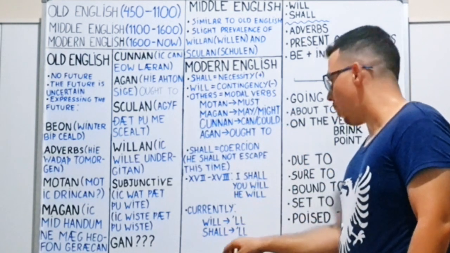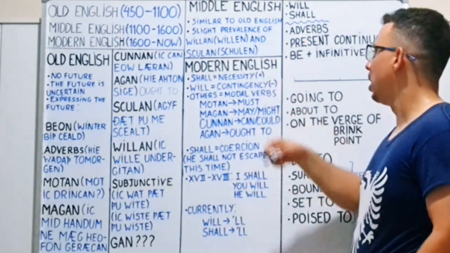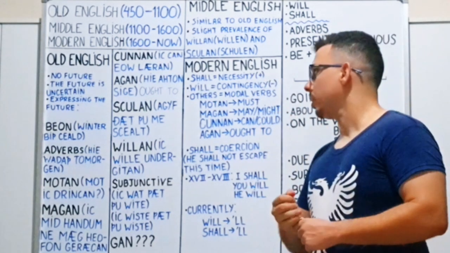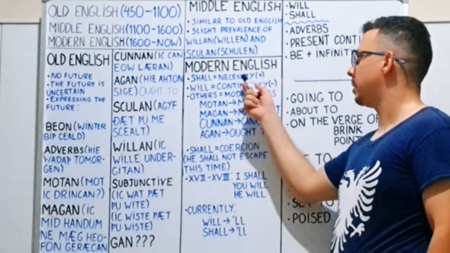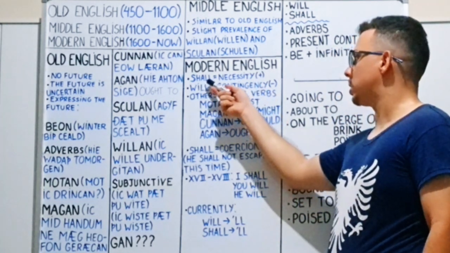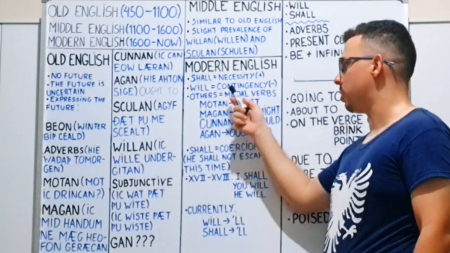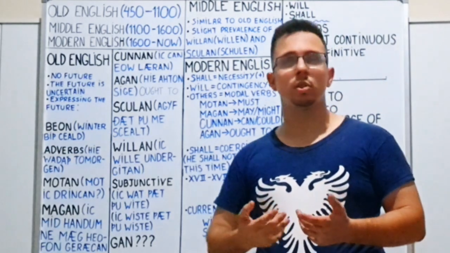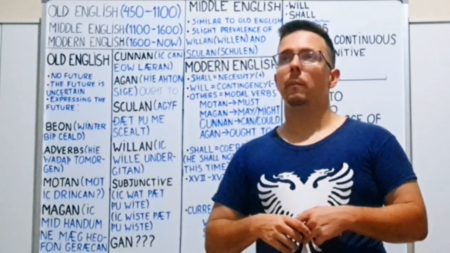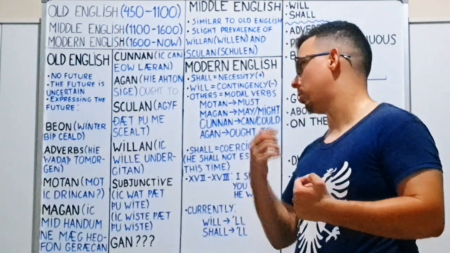And why is there this sign here and this sign here? What this means is that shall was used more often than will. So you would come across people using shall much more often than will.